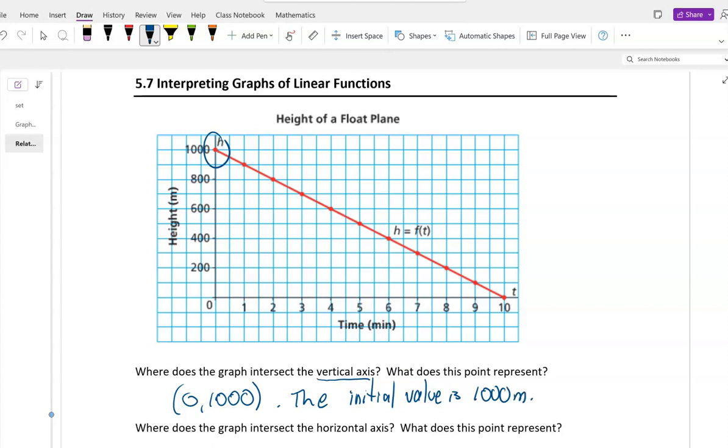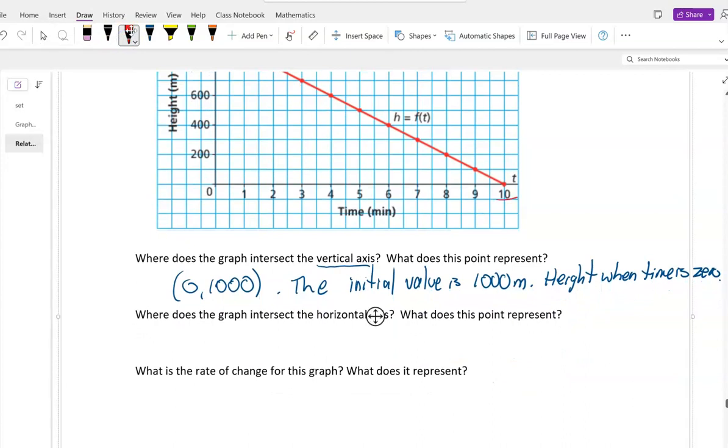What does it represent? All right, this is the height when time is 0. It's the starting point. When we start at 0 minutes, right there, the height is 1,000. Whatever this is talking about, in this case, it's a float plane. When we start timing, the plane is at 1,000 meters high. Okay.